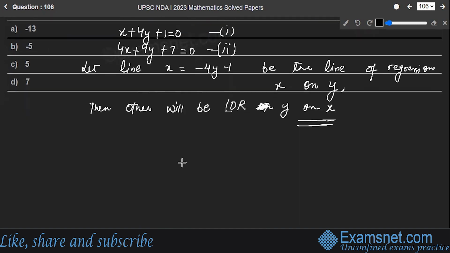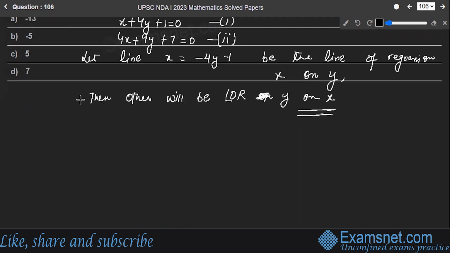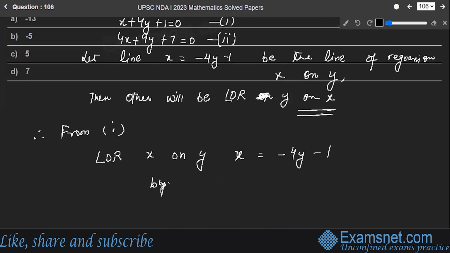So therefore from 1, line of regression x on y, we have x is equal to minus 4y minus 1. That is bxy is equal to the regression coefficient of x on y, which is equal to minus 4.